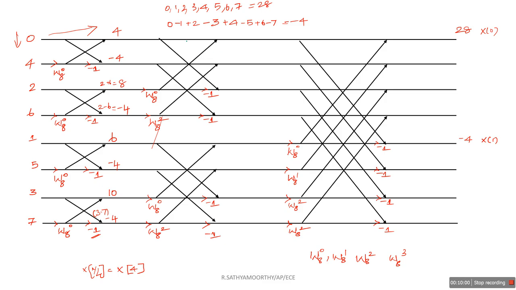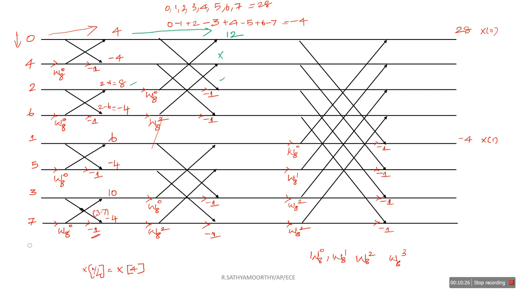And now what is this value? This is 4. 4 is coming here, and W8 power 0 is 1. So 4 plus 8 is 12 simply. And then calculating this value is very easy. Why?